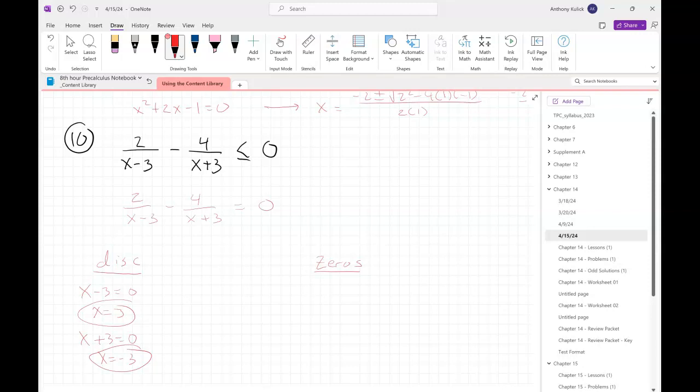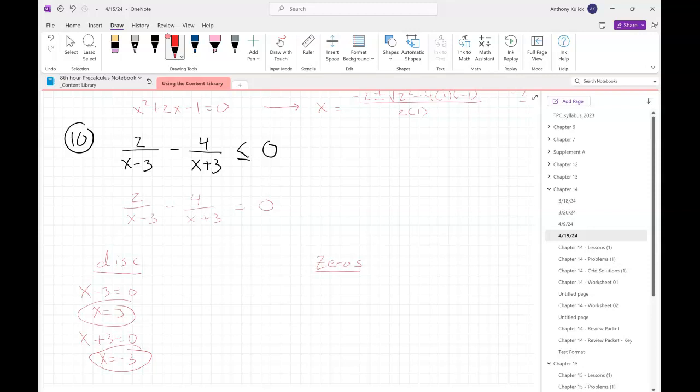How do I find the zeros? So you're thinking there's no zeros because if I try to set the numerator equal to 0, it doesn't have a solution. The problem is that's not a single fraction. So you could make a common denominator, add the two fractions, and then set the numerator equal to 0.